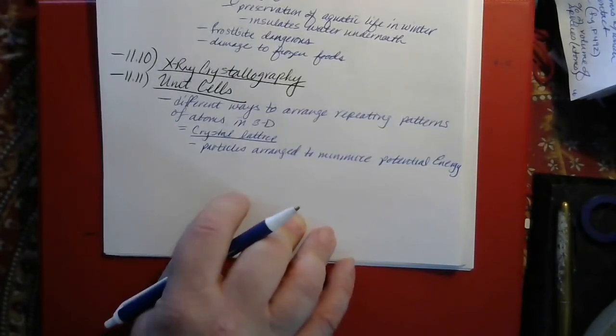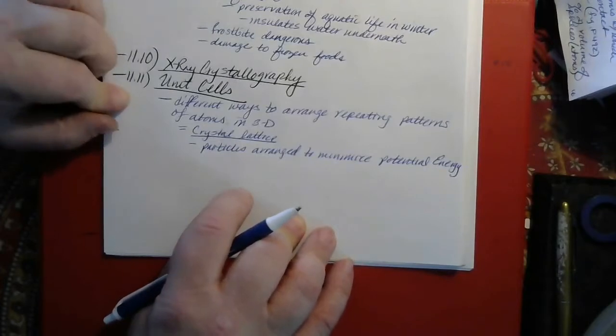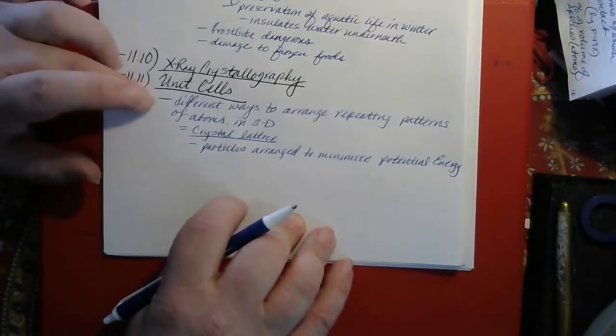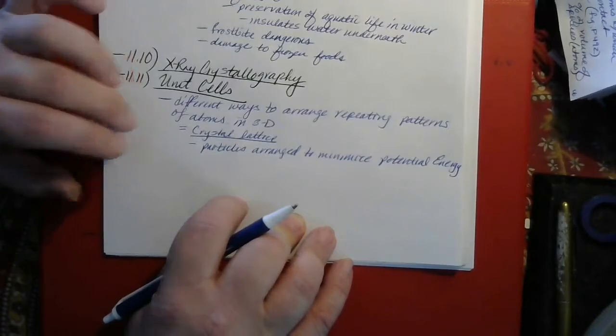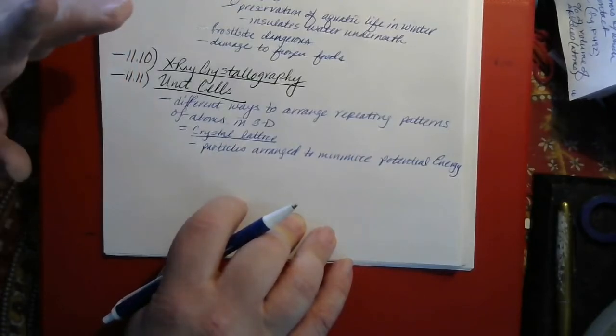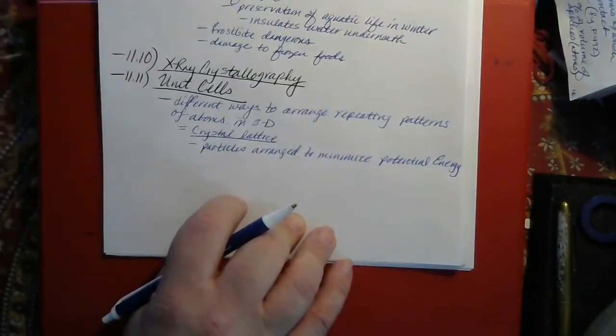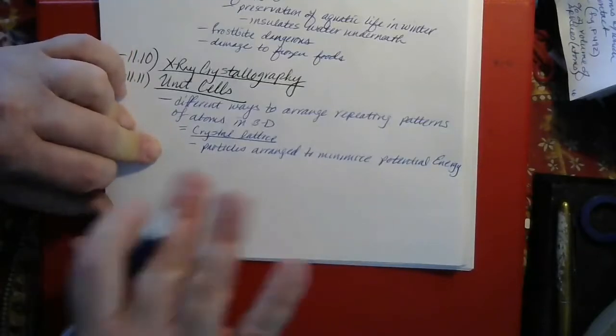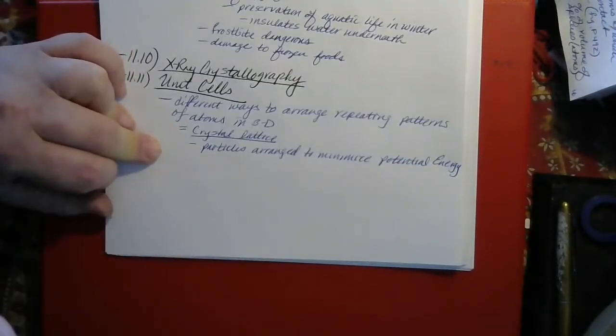And also the fact that crystalline solids are not necessarily made up entirely of atoms. We have some crystalline solids like sodium chloride that are made up of ions, and those ions can have attractions or repulsions for each other because of their electrical charges. We have some crystalline solids that are made up of molecules, where there is a three-dimensional arrangement of molecules in 3D space.